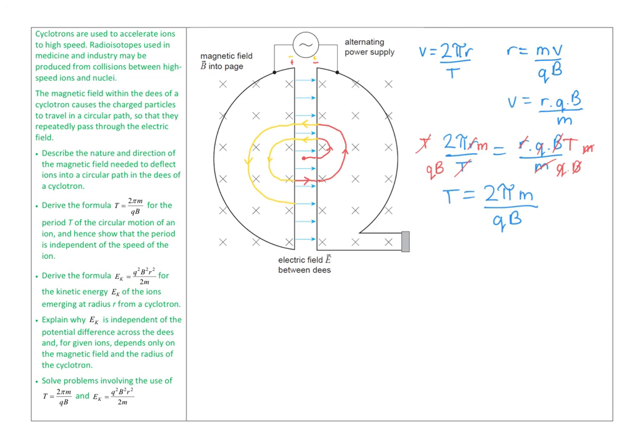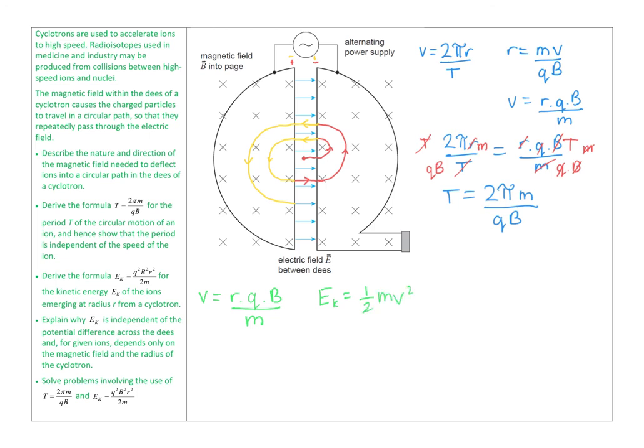The other formula we need to use is to work out the kinetic energy for a particle moving through a cyclotron. And let's change colour here and use green. And we know that from that formula just here that we rearranged, the velocity is given by r q B on m, like just rearranging r equals mv on qB. And we know that the kinetic energy is equal to 1/2 mv squared.